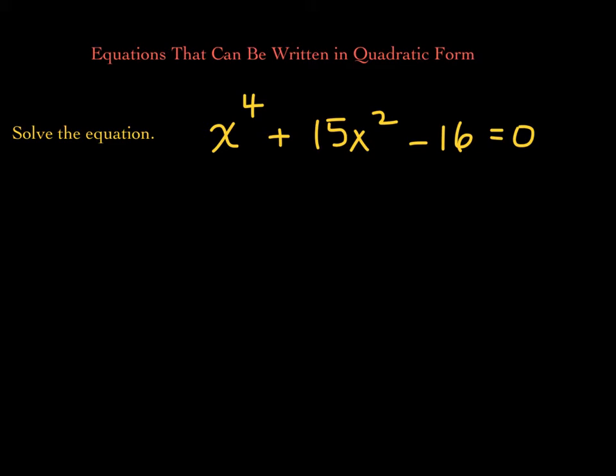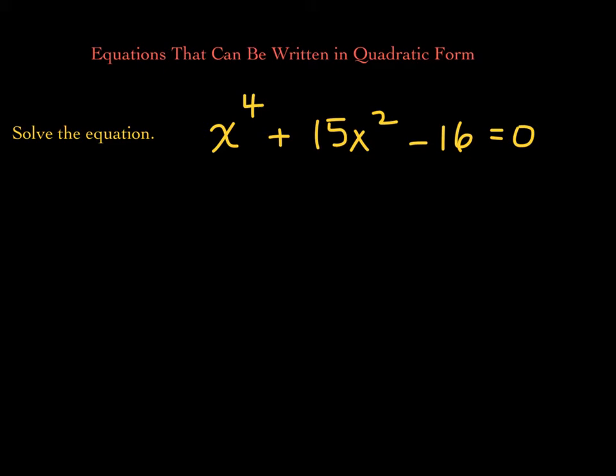Take a look at the variable part of the middle term. The variable part is x squared. If you square x squared, you will get x to the 4th, which happens to be the variable part of the leading term. If you square the variable part of the middle term, you'll get the variable part of the leading term, and that's how it is quadratic in form.